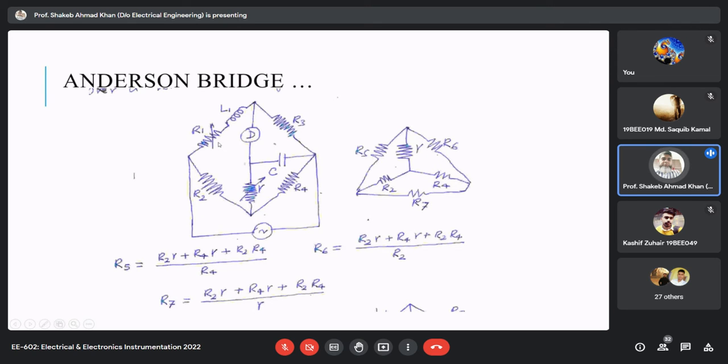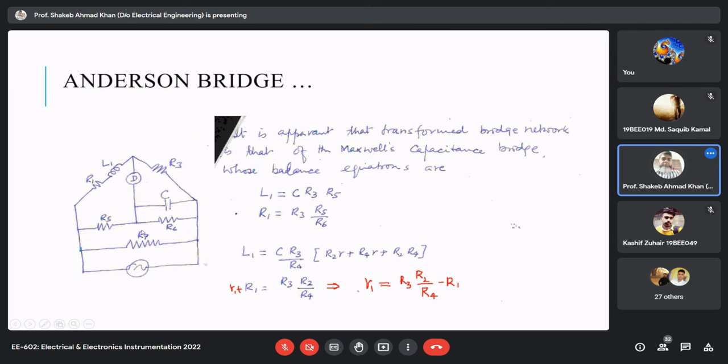R1 and r are the variables. You can see that R1 comes in one equation and small r in another, so these two equations are independent.